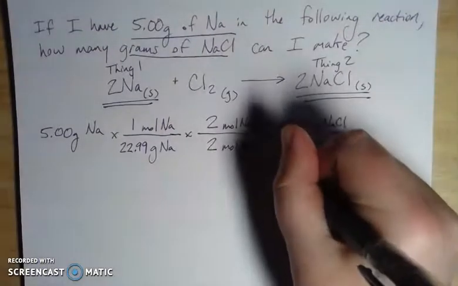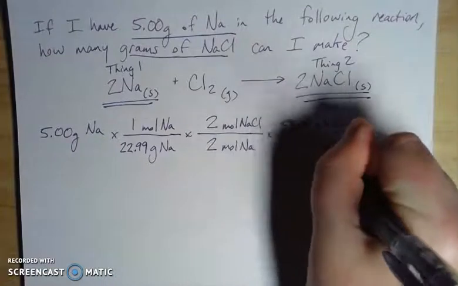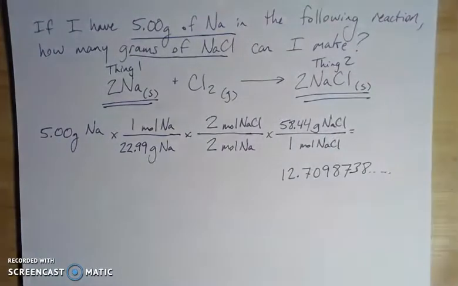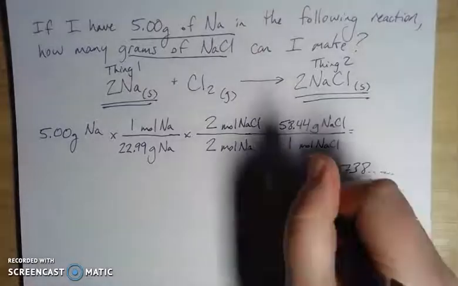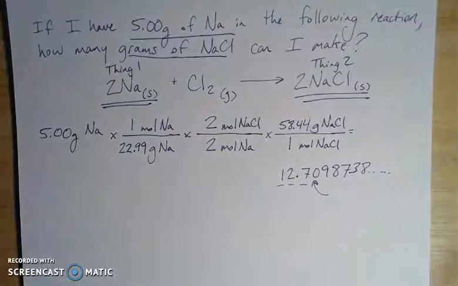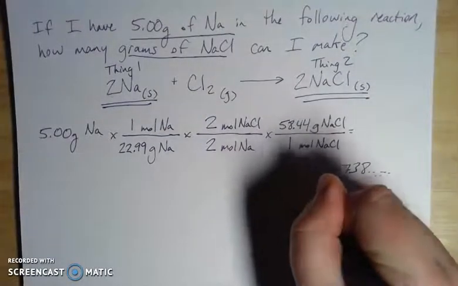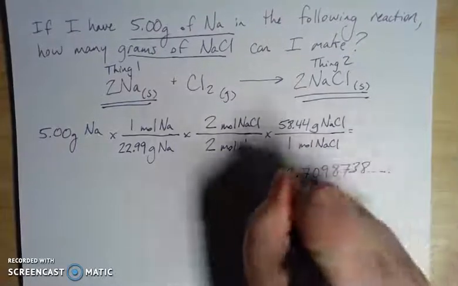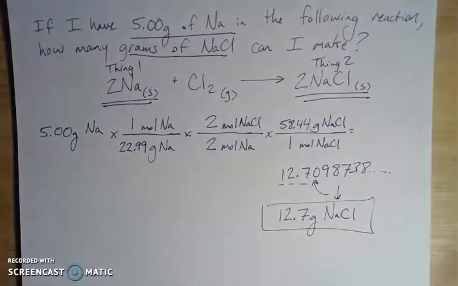So when my calculator spits out an answer that looks like this, 3, 8, etc., then I would say, okay, I need to round this to 3 significant figures. 1, 2, 3. I'm looking to the 0 then to round. That means I'm going to round down. So I have 12.7 grams of sodium chloride that are produced from those 5 grams of sodium.